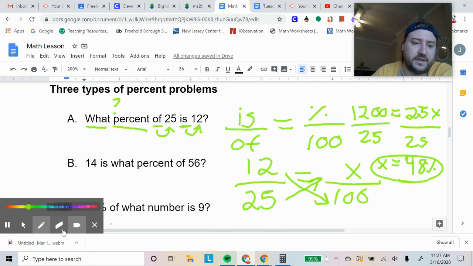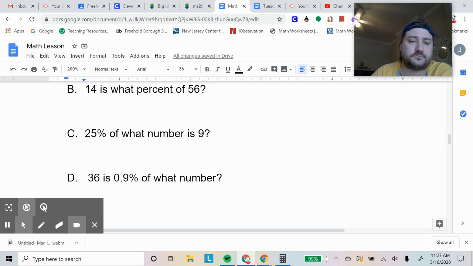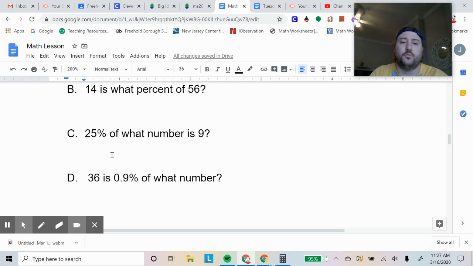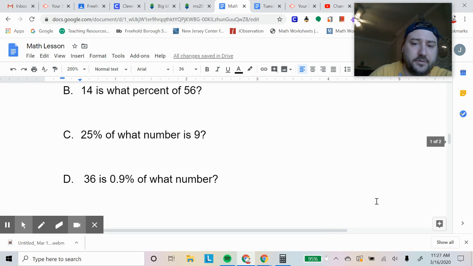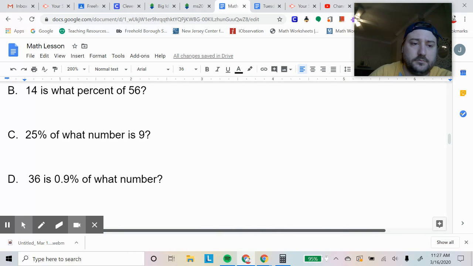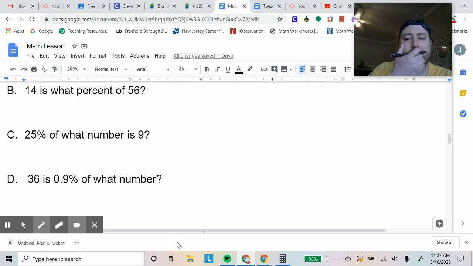Let's do one more together. Let's do one that's a little different. 25% of what number is 9? So you set up your proportion. Whoops, again, I forgot to put it on pen mode. I'll put it all the way to the right so I have more place to draw. All right, 25% of what number?